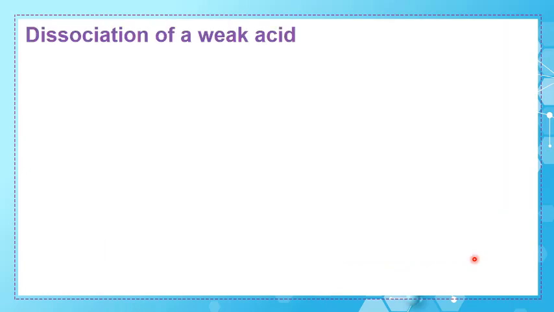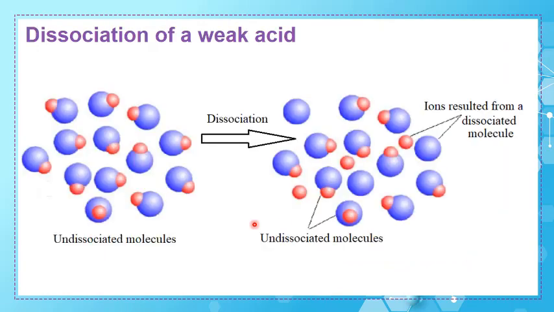While for a weak acid, look here. Also here, I have decided to use 13 molecules, for example, of undissociated molecules. It means initially. This is a weak acid. Once in water, those molecules will dissociate. But actually, look, in our example, I decided that only 3 molecules are dissociated.